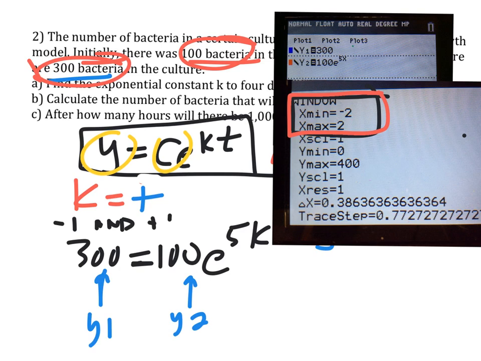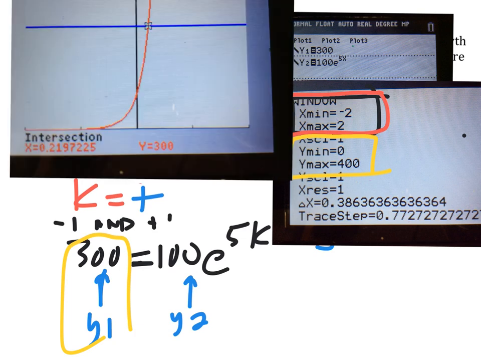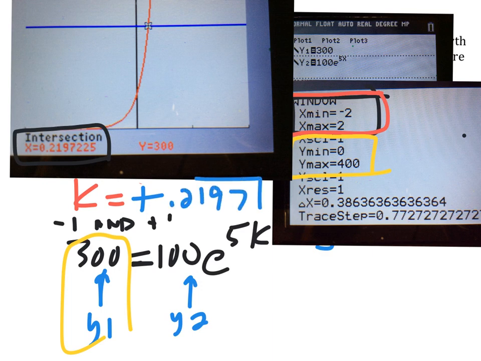And here, since I'm graphing y1 is equal to 300, I'm choosing to make my y min 0 and my y max 400. So here, when I find the point of intersection of the two sides of the equation, I'm getting k is going to be a positive value, which is what I suspected, and k is going to be equal to 0.2197. We're always going to be rounding our k value to 4 decimal places.